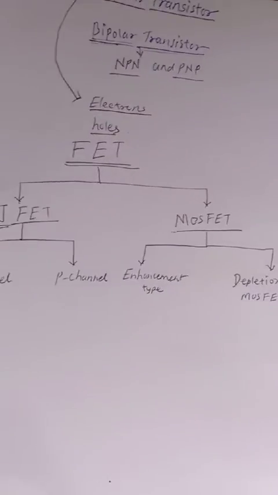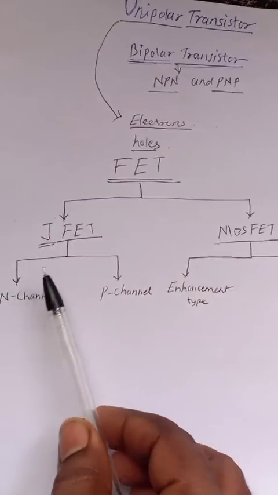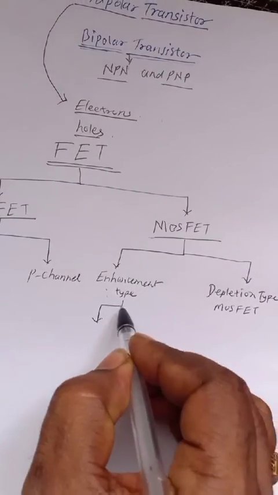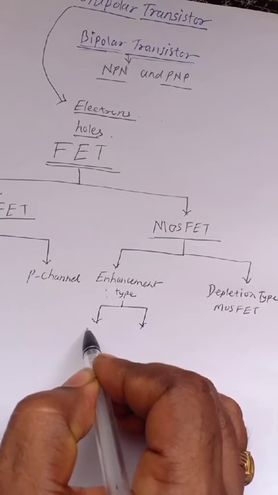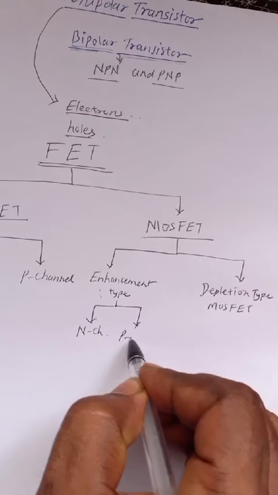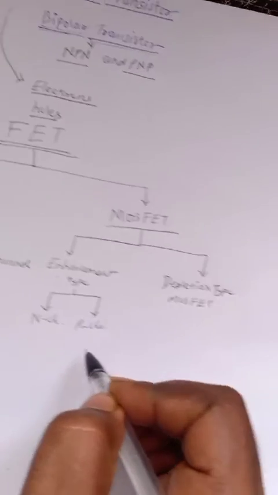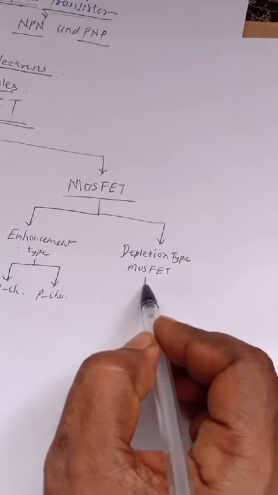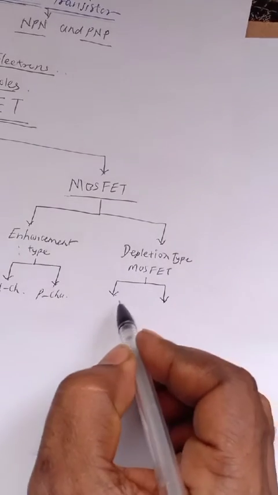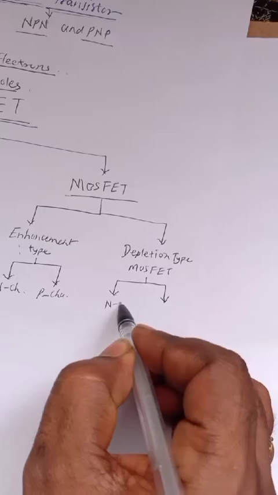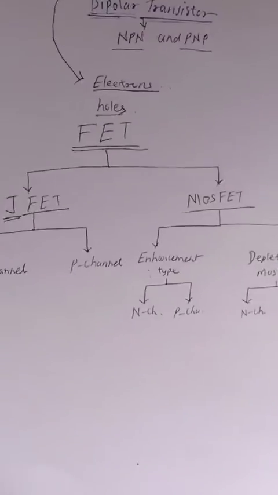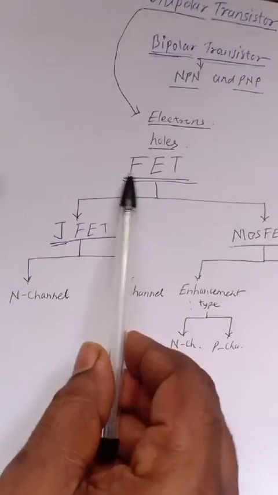So this is a family. And again the enhancement type is divided into two categories, N channel and P channel. Like that, the depletion type is also divided into two categories, known as N channel and P channel. So this is a family of FET.